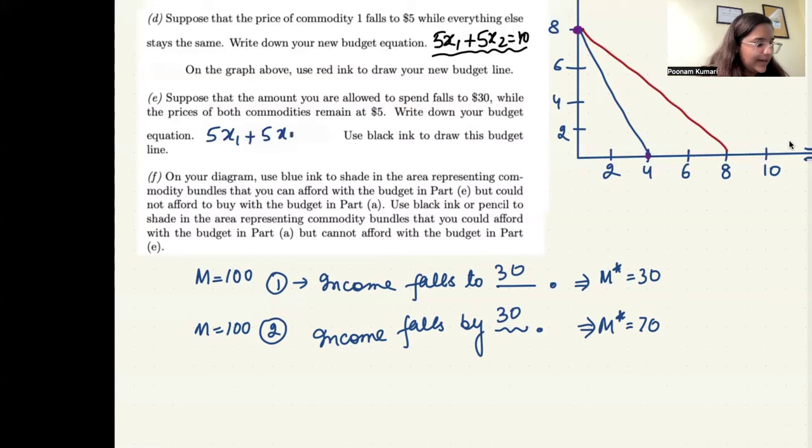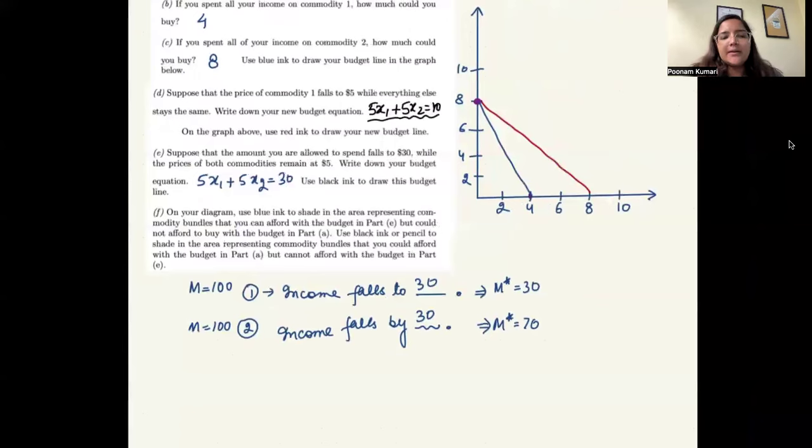Perfect. And how do I draw this? Use black ink for this. So maximum x1, what is the value of x1 when x2 is 0? 6. And what is the value of x2 when x1 is 0? 6. So basically what I will do is 6 and 6, right?